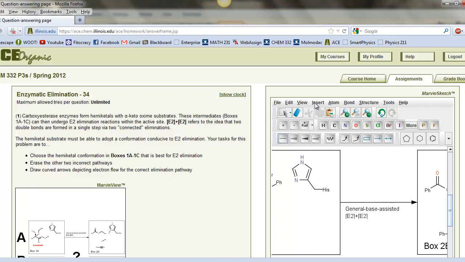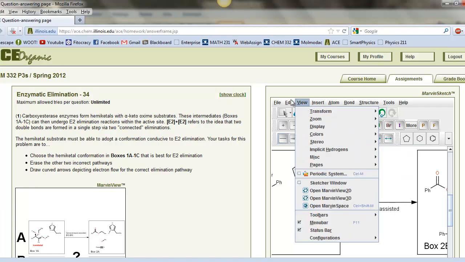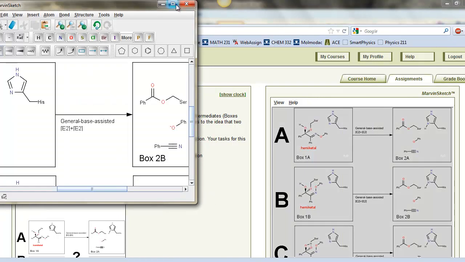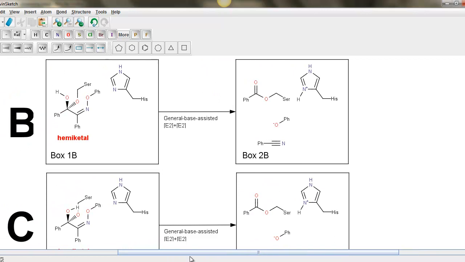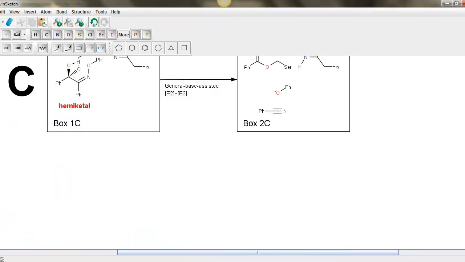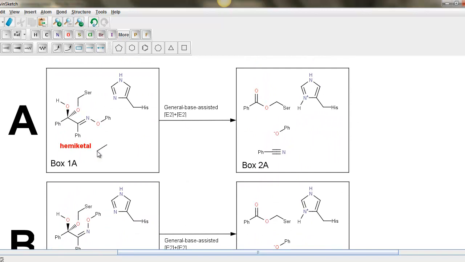Alright, so let's open up our Sketcher window. So we have these three options, and we want to look at the one that's conducive to elimination.